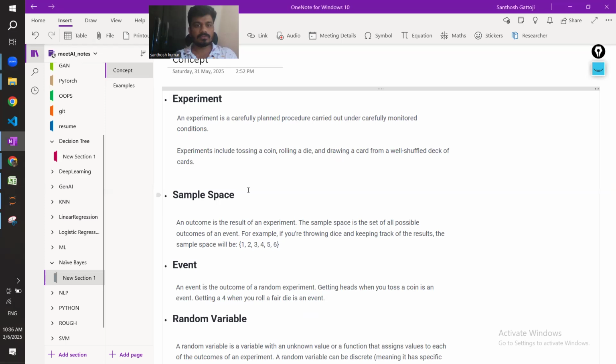See, each classifier will have specific concepts that are related to it. For example, if you see linear regression, we need to study about the distances and errors, etc. And in logistic regression, we learned about lines, right?